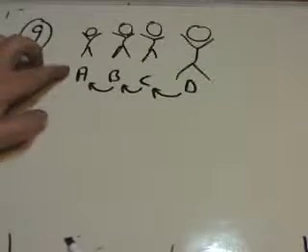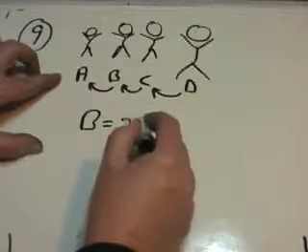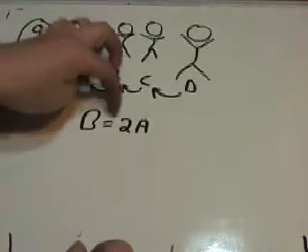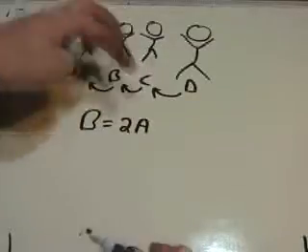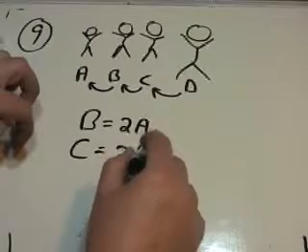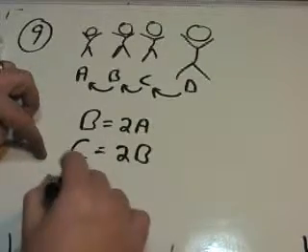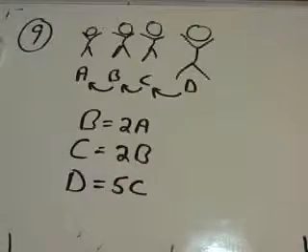Okay, so then the statement that B is twice as old as A is basically B equals 2 times A. C is 2 times B, and then D is 5 times C.